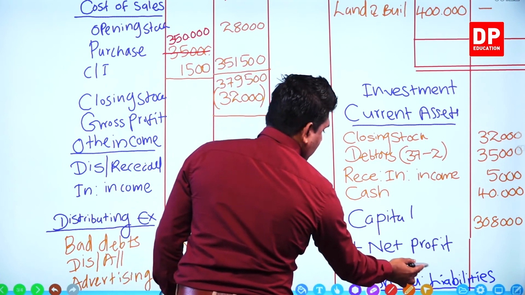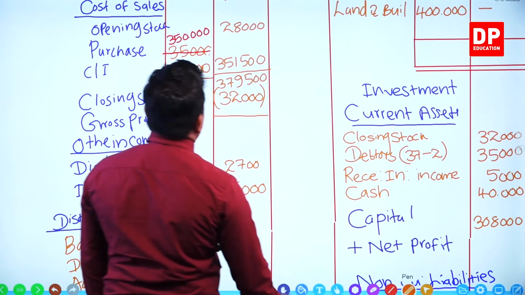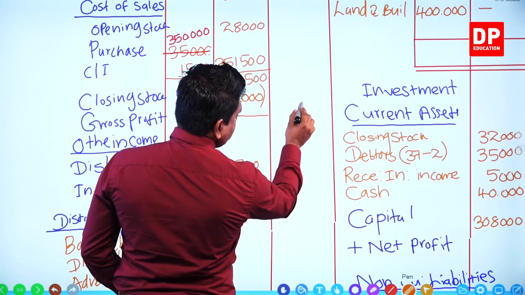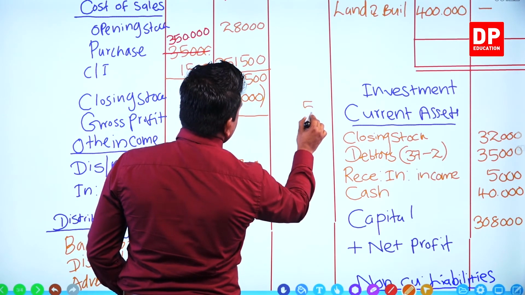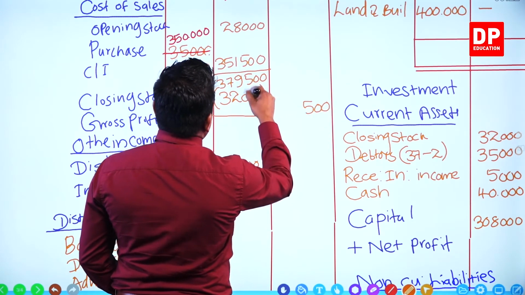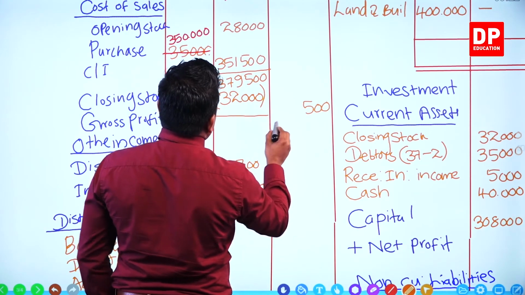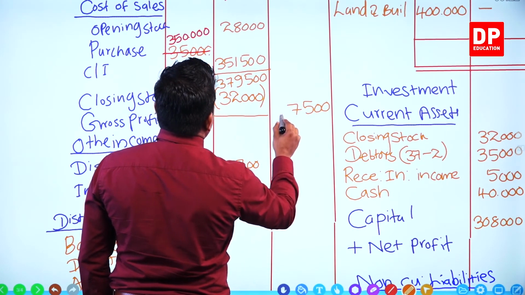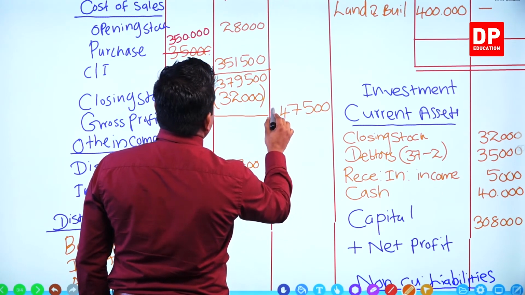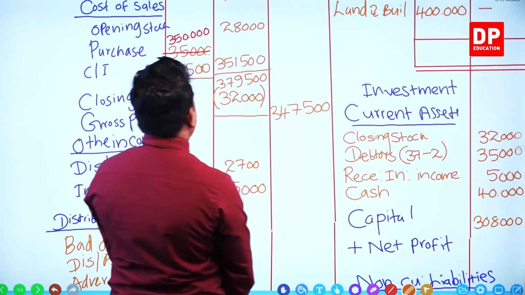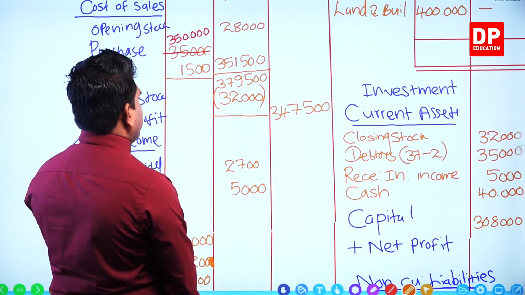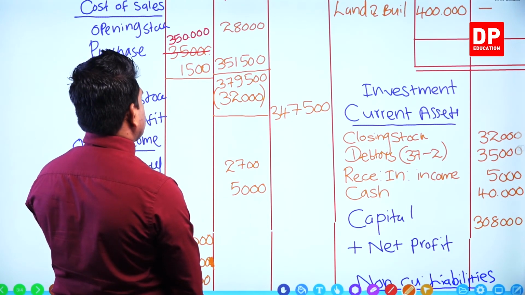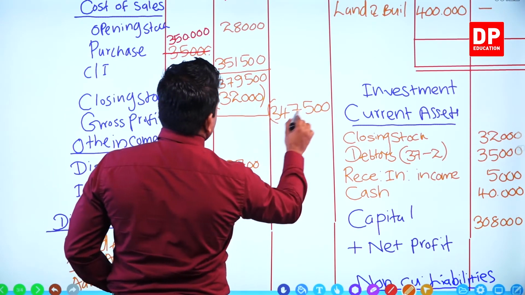Okay, now here 500, 9 minus 2, 7, 4, then 3. Correct. Then within brackets, why?